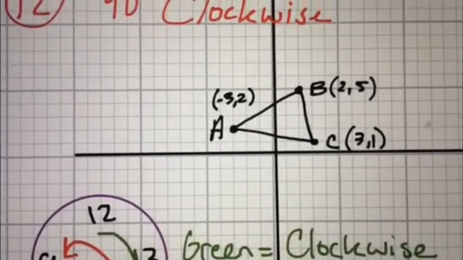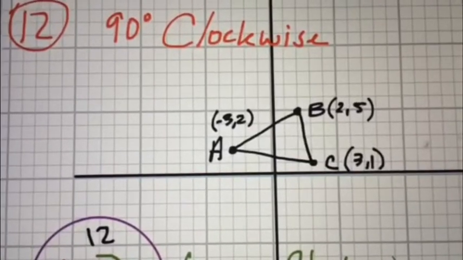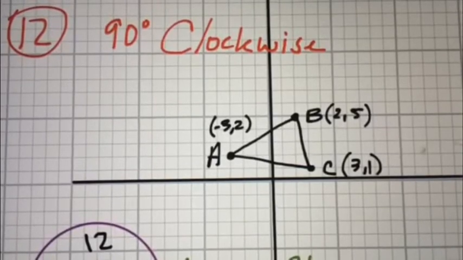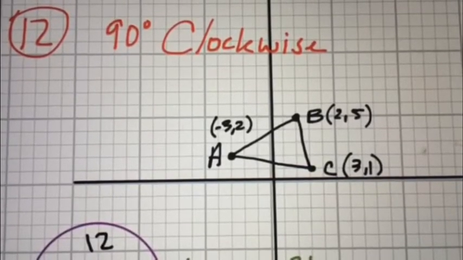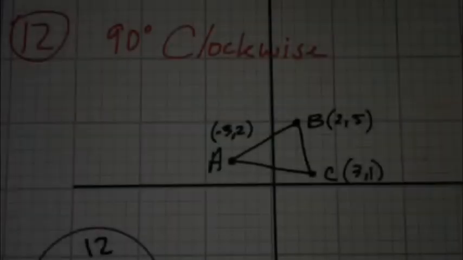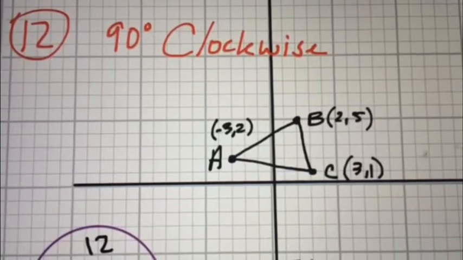And so 90 degrees clockwise has a formula, if you will, that changes all the points of my shape, and it will help us convert it easily. Now, you could look at this and say, oh, I can rotate it myself and guesstimate where 90 degrees is, but there's a mathematical way to do it.